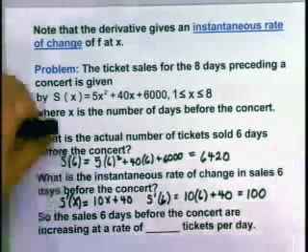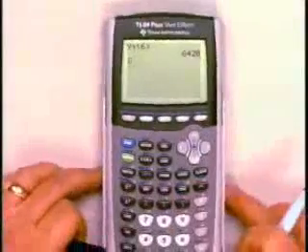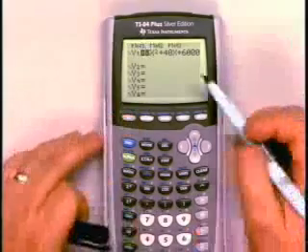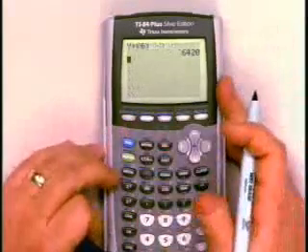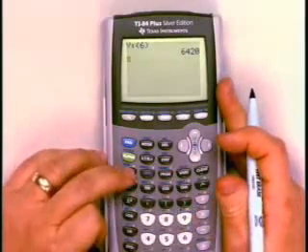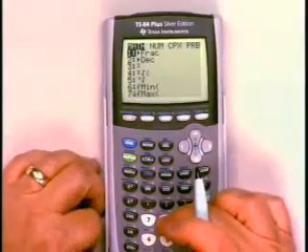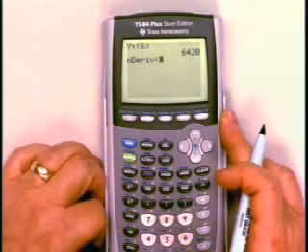Let me show you how you can do this on the calculator. Recall that we have our function still stored under y sub 1. What I want to do is go to the math key, and I'm going to select function number 8, which is nth derivative. I have to enter 3 things.